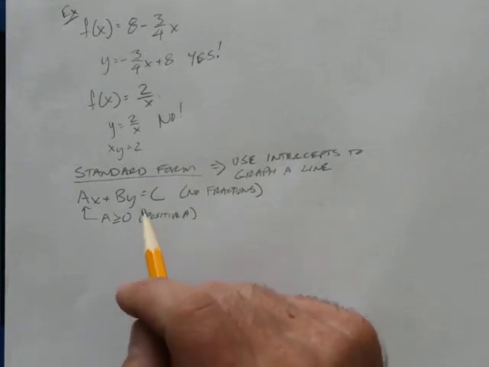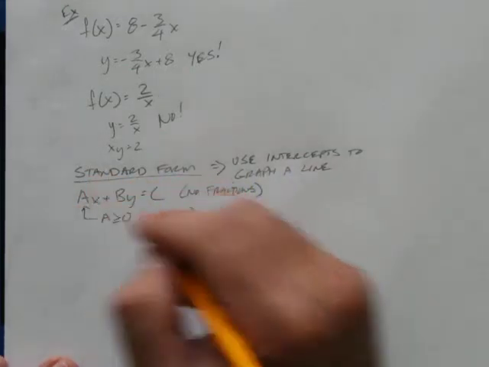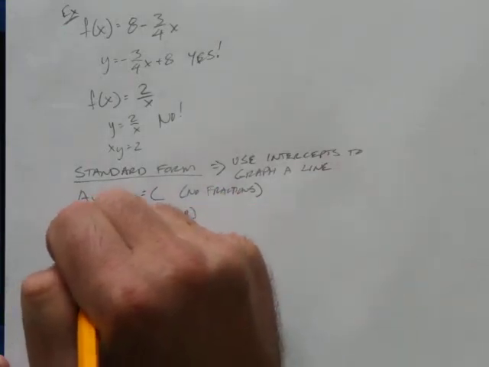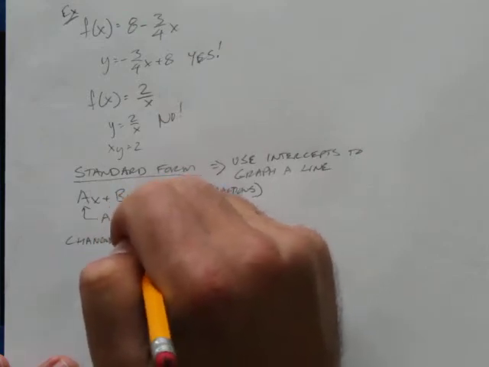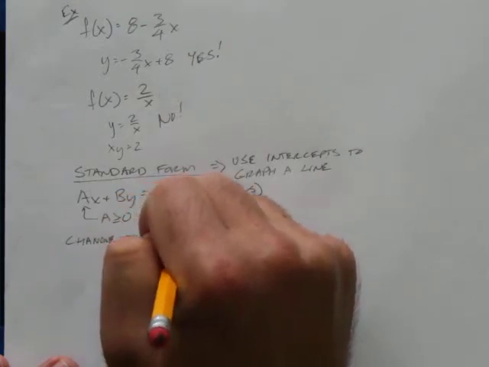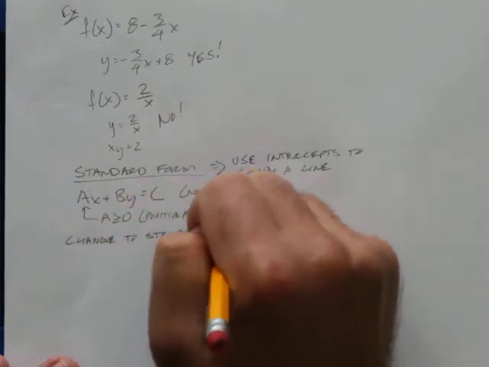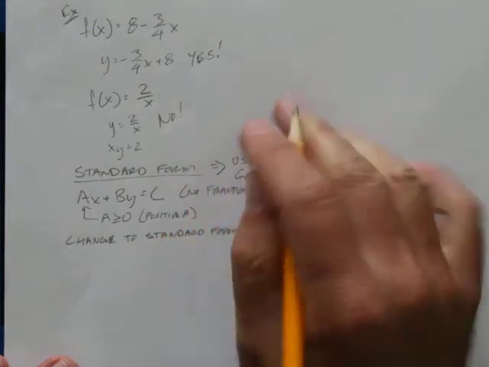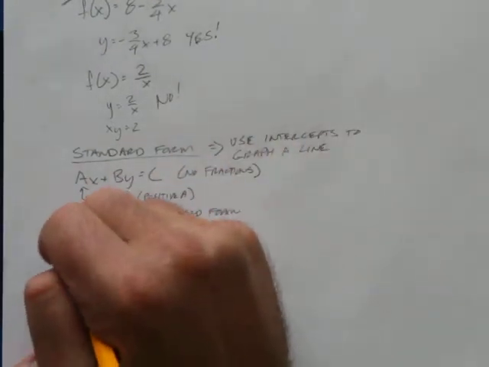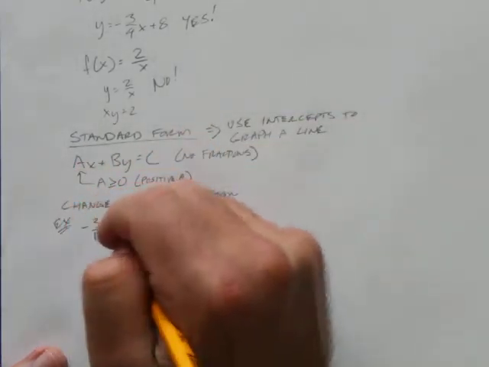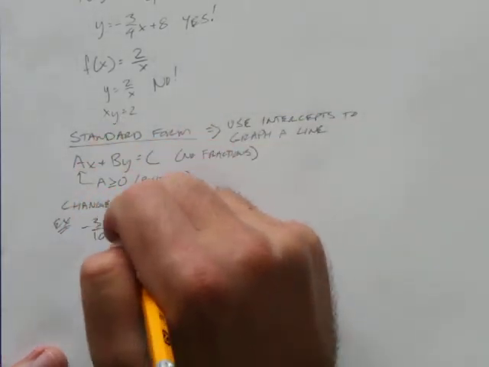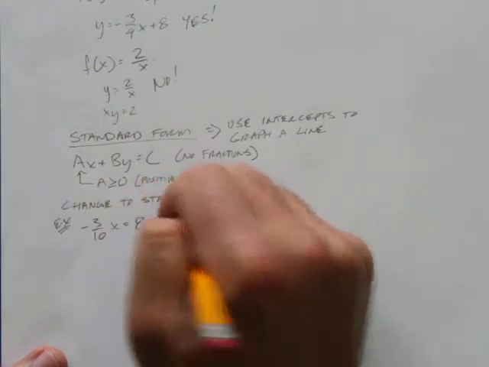All right, so we are going to do an example of changing to a standard form. Let's do an example. I've got -3/10 x equals 8y minus 15.